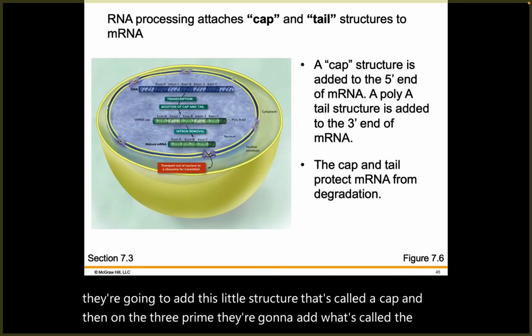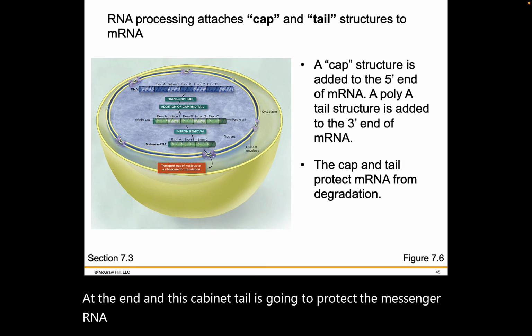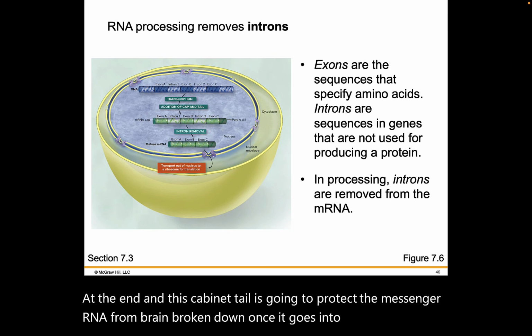And if you've ever heard of polyamorous relationships versus monogamous relationships, monogamous, starting with mono, means 1. Polyamorous means many people in a relationship. So poly A tail just means there's a lot of A's at the end. And this cap and the tail is going to protect the messenger RNA from being broken down once it goes into the cytoplasm.